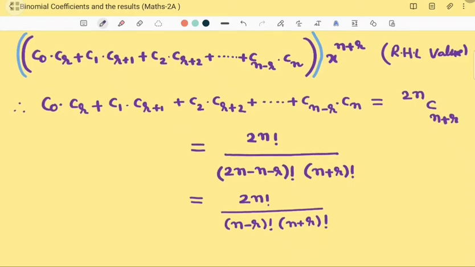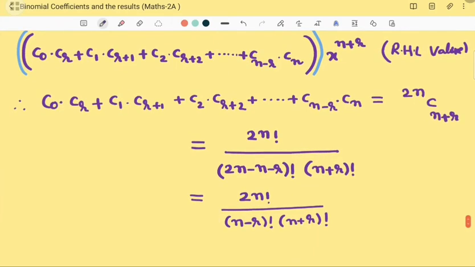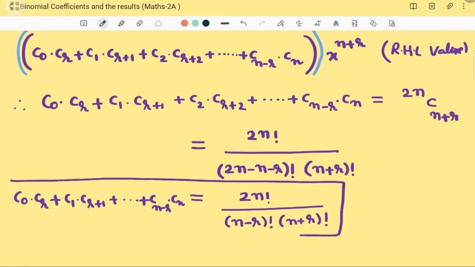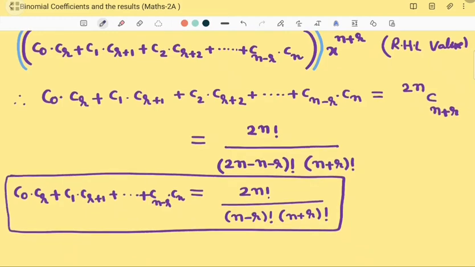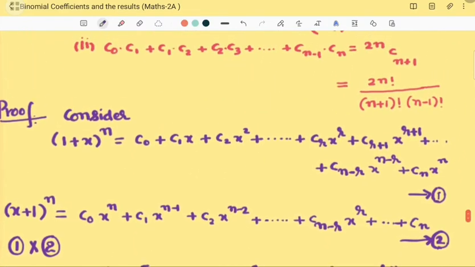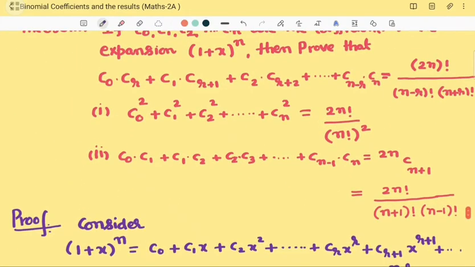We got one of the results. So C0 Cr plus C1 C(r+1) plus and so on, C(n-r) Cn. So this value. Hence proved. But based on this result, two more questions we have. We have to prove these two results also.